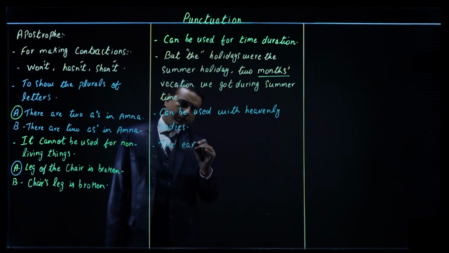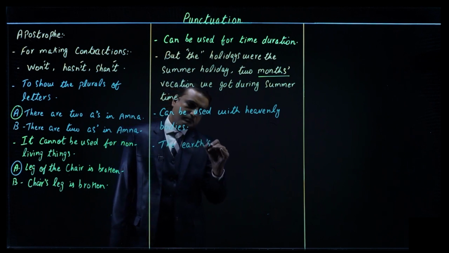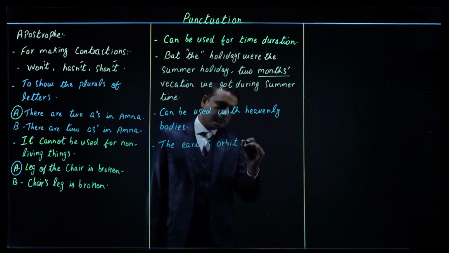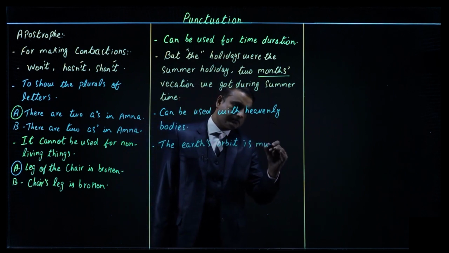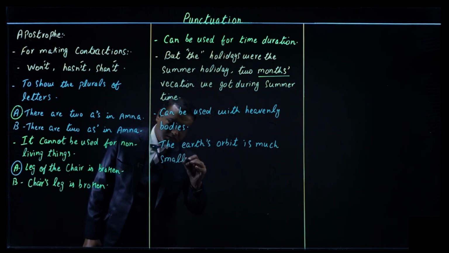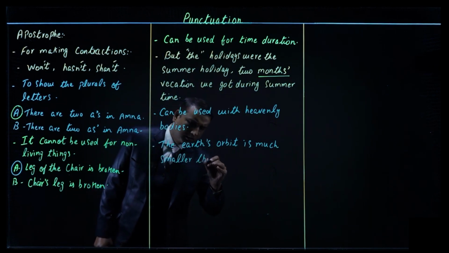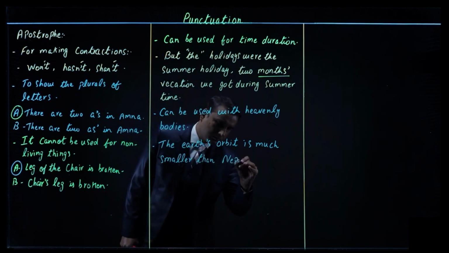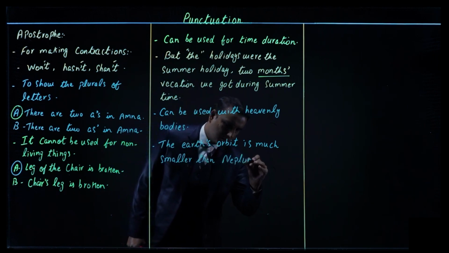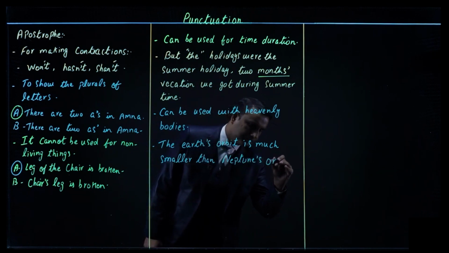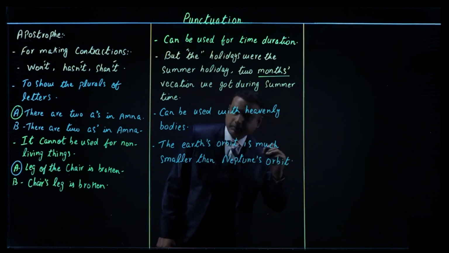The Earth's orbit is smaller than Neptune's orbit.